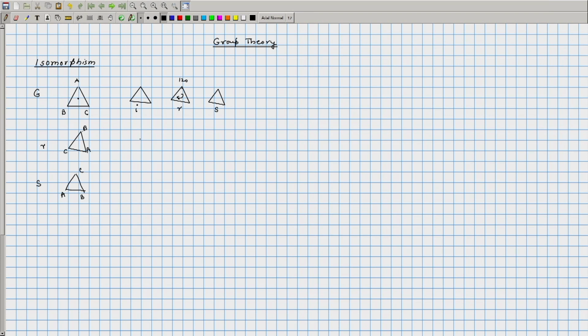If you reflect about the axis joining A to the centroid, B and C flip. Let us call that X.